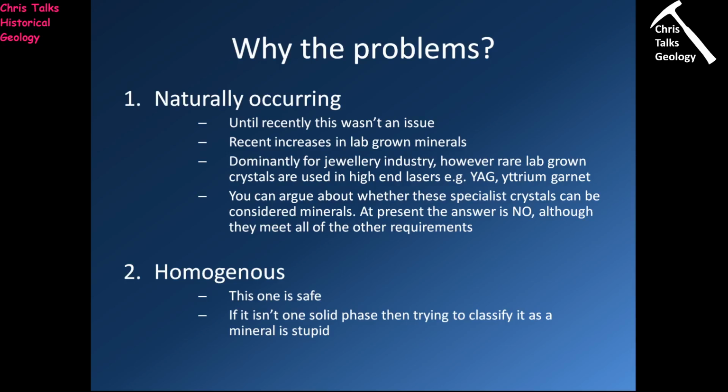Now yttrium garnet isn't really a naturally occurring substance. However, once again, it meets all the other criteria of being a mineral. So the question is, although this doesn't occur in nature, could you argue that this could possibly be considered a mineral? It meets all the other criteria, just falls down on one of them.